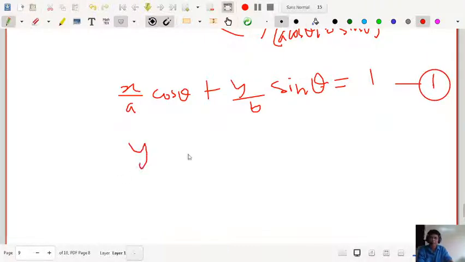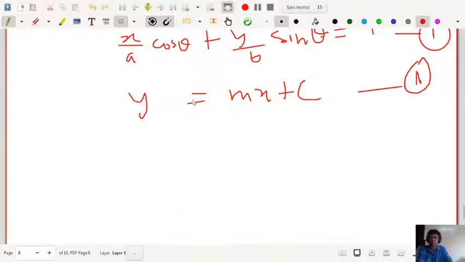And if you compare with y equal to mx plus c, this is also a tangent to the curve. So comparing these two, the two lines will be identical. If they are identical, the ratios of the coefficients of x and y will be equal.